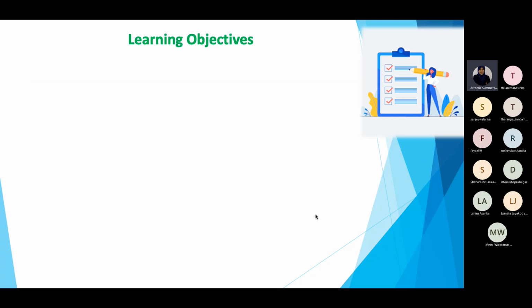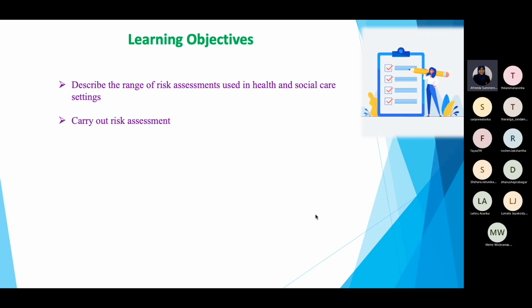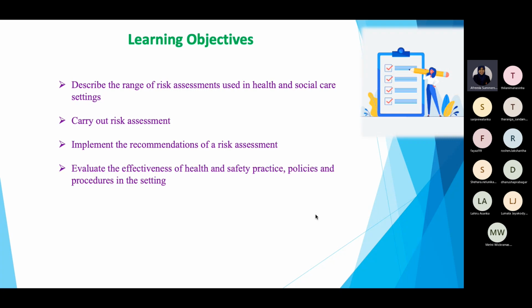But now we are mainly learning about how we describe risk assessment, which is used in the health and social care. Then how you carry out a risk assessment, how you implement recommendations of a risk assessment, then how you evaluate the effectiveness of health and safety practices, policies, procedures in the setting. Those are the basic things, right? So this is still a continuation from last week's lecture, which we already had a recap of, but we will continue today also.